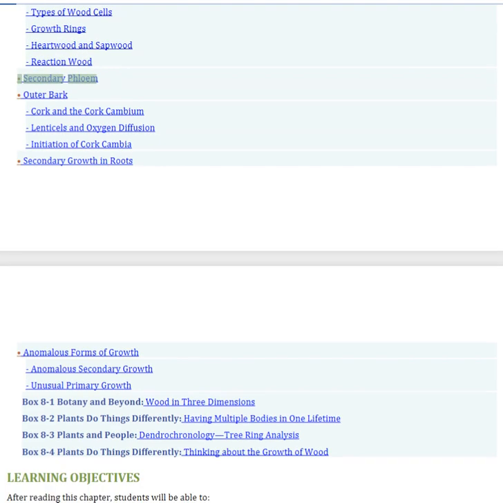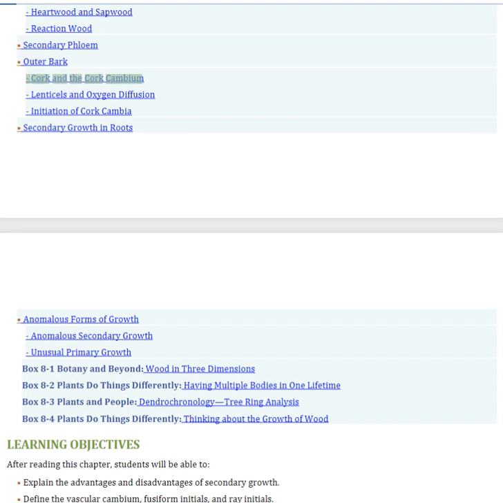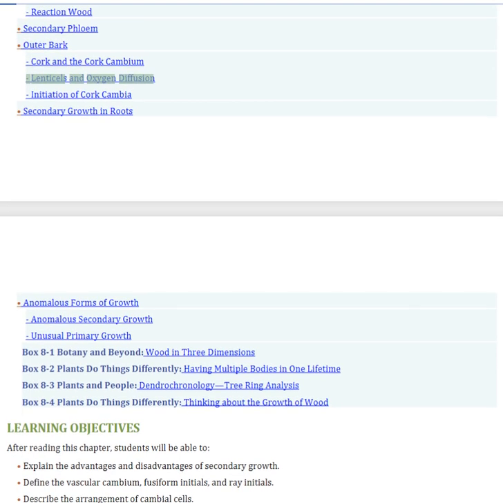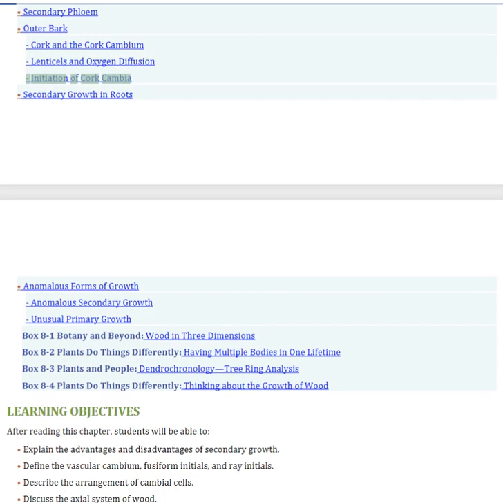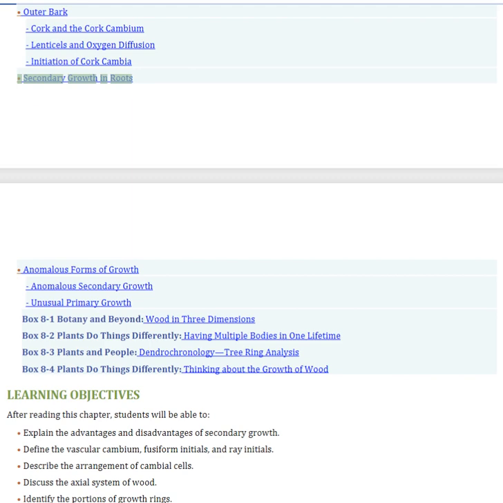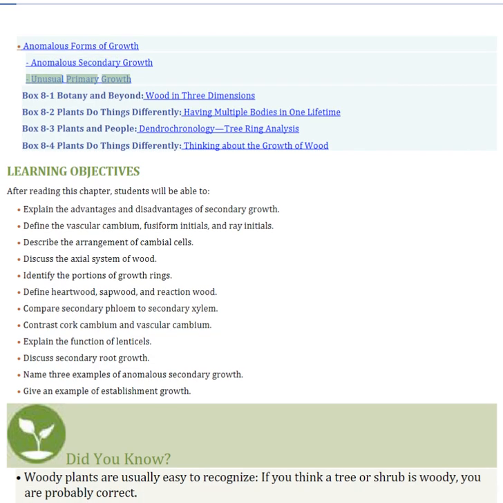Secondary phloem. Outer bark. Cork, and the cork cambium. Lenticels and oxygen diffusion. Initiation of cork cambia. Secondary growth in roots. Anomalous forms of growth. Anomalous secondary growth. Unusual primary growth.